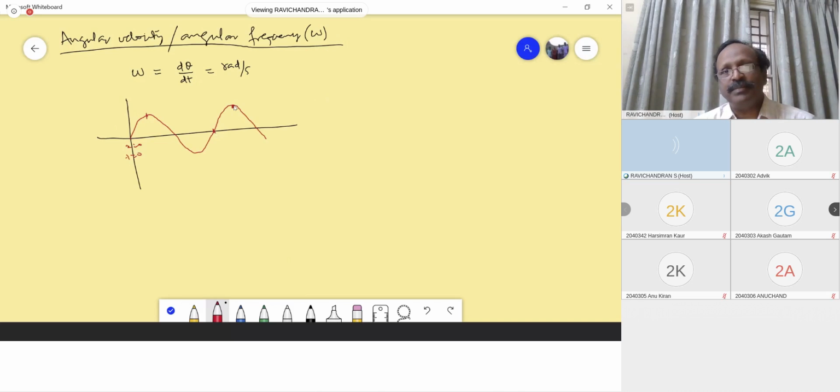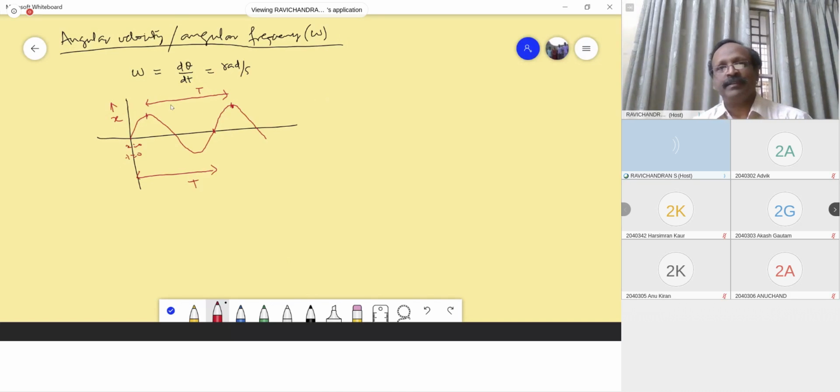Then it goes to the peak again. The time taken for one complete oscillation is T, as all of you know. So the time taken between two peaks must be T.